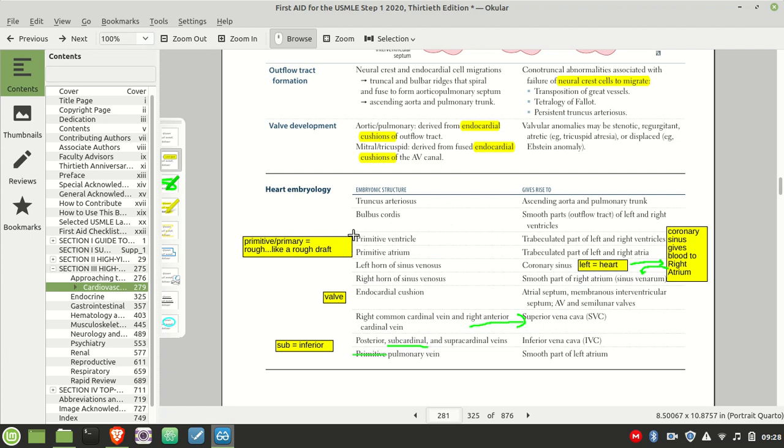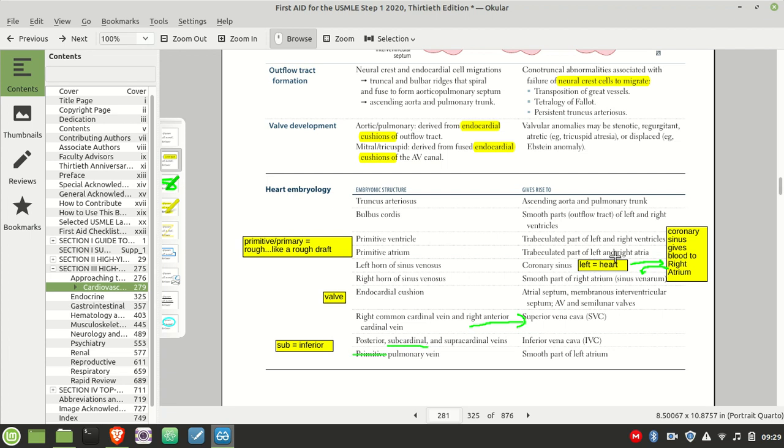And here at the primitive ventricle, kind of like a rough draft, you can think of it as the trabeculated part, not smooth part, of the left and right ventricles. Okay, so the ventricles are all taken care of. You have the smooth part, and now you have the rough part. Fantastic. Now let's look at the atrium.